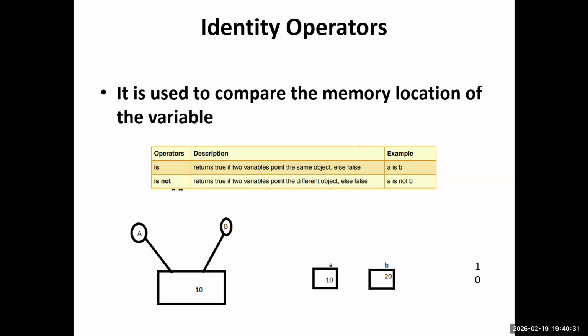There are two operators available here: one is is, another one is is not. a is b means both refer to the same object. a is not b means they do not refer to the same object. Okay, so this is the identity operator. If you have any doubt, ask.